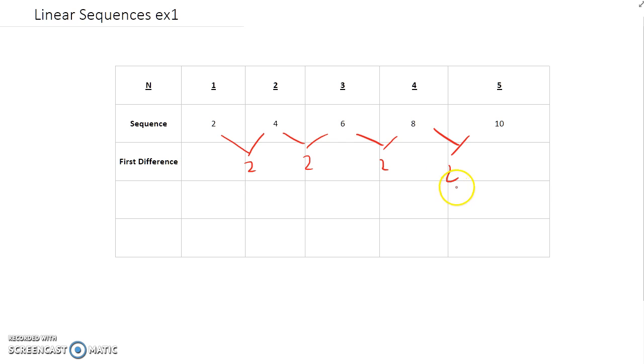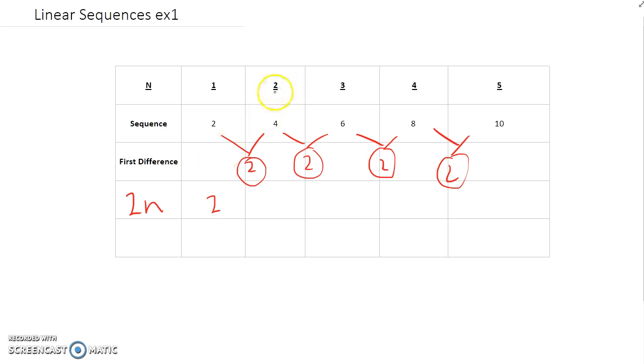What we can say is that this rule is going to be 2n. The reason I say 2n is because that is the change in each sequential pattern. Whatever number you get for the first difference will be the number that you tack on to the n. Now have a think: if I've written 2n here and I substitute 1 for n, we get 2 times 1, so the value for this entry will be 2.